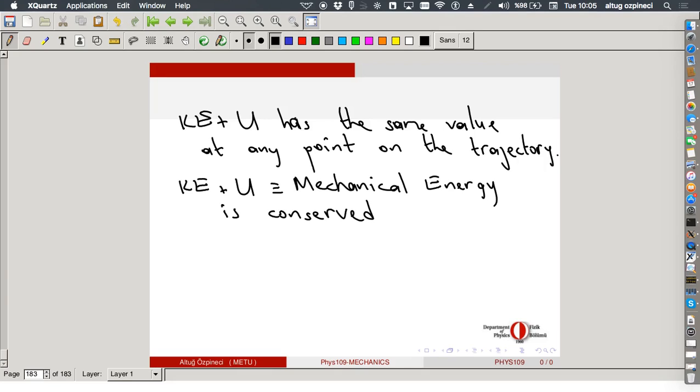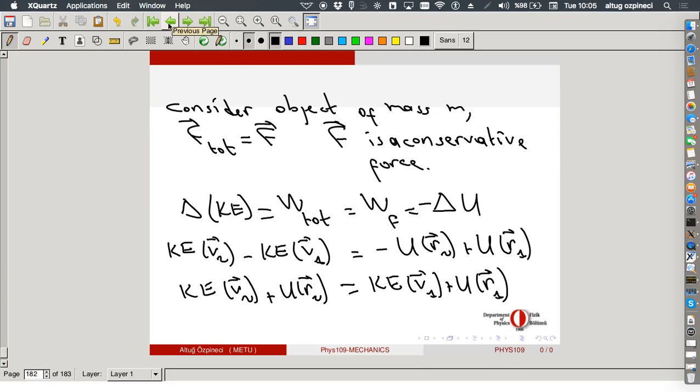Of course, under which conditions? The total force acting on my system is the conservative force. There is no other force acting on my system. Under these circumstances, if this assumption is true, the total force is just a conservative force, then I can define this U for this conservative force. And when I define the kinetic energy plus the U corresponding to this conservative force, that sum is conserved.